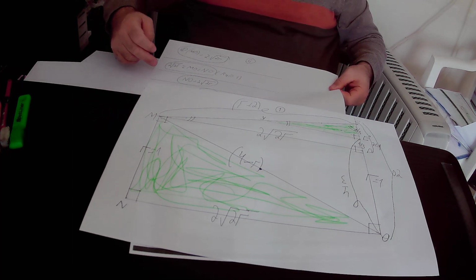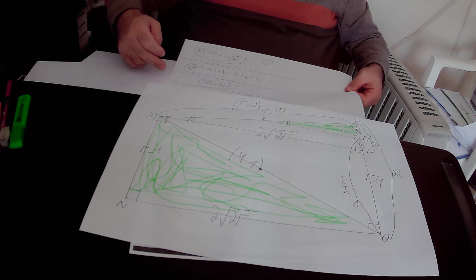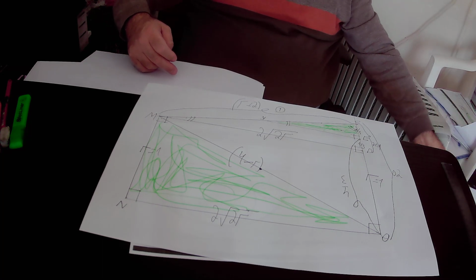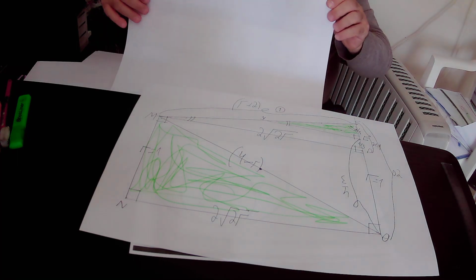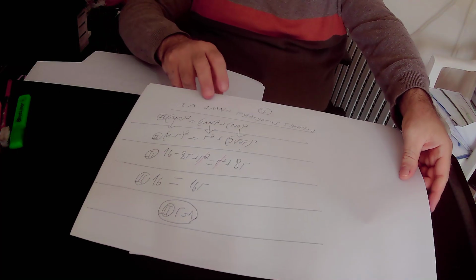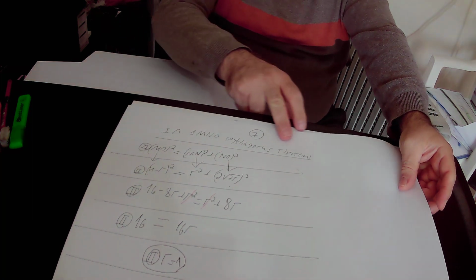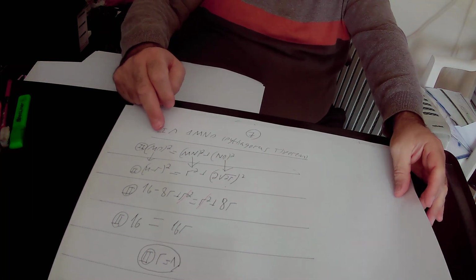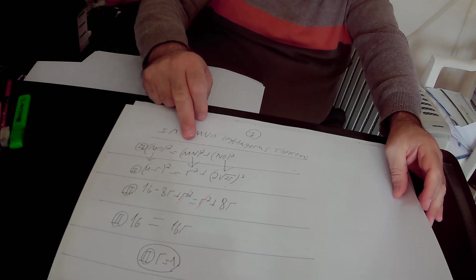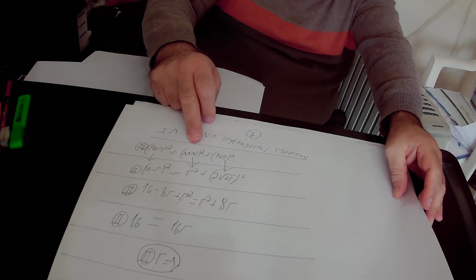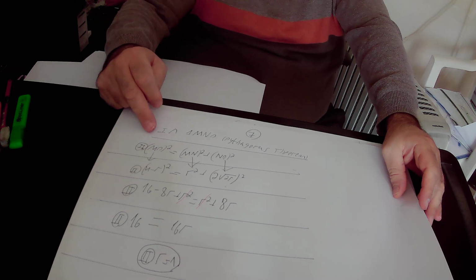According to the Pythagorean theorem, the square of the hypotenuse of any right triangle equals the sum of the squares of the perpendicular sides. So in the right triangle MNO, the square of the hypotenuse is MO square, and it equals MN square plus NO square.